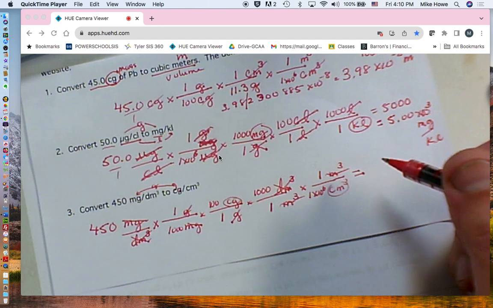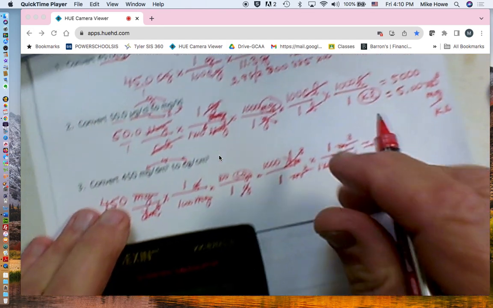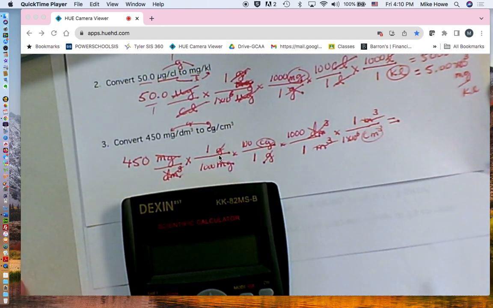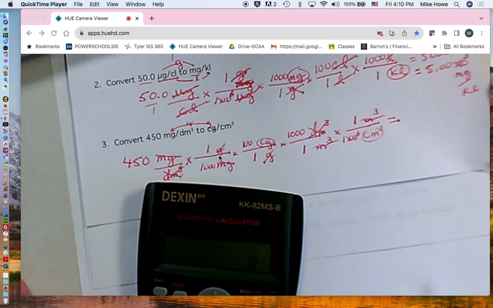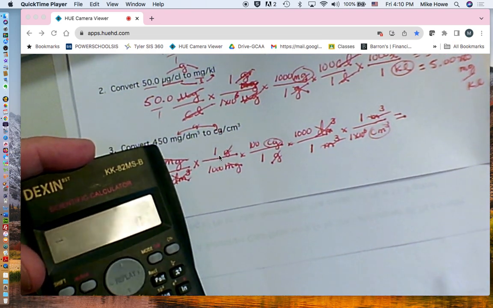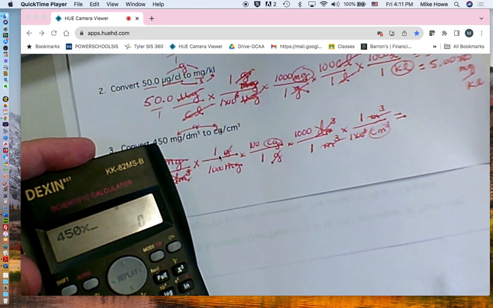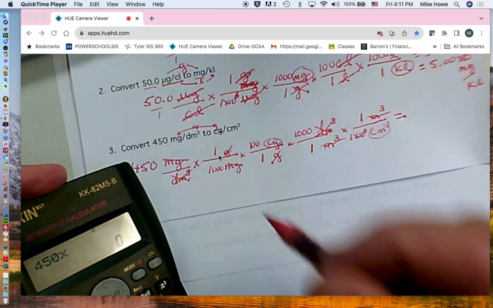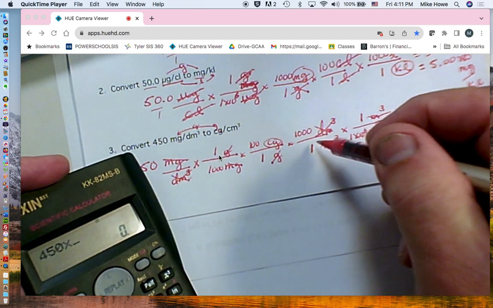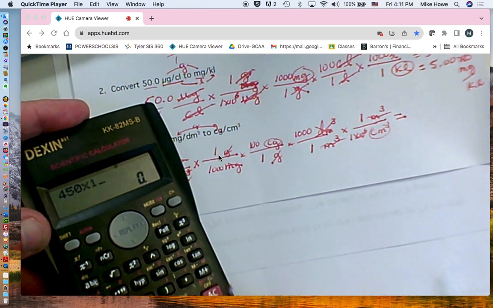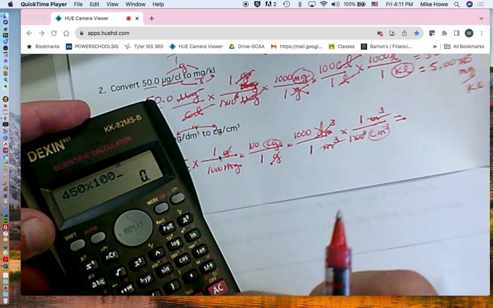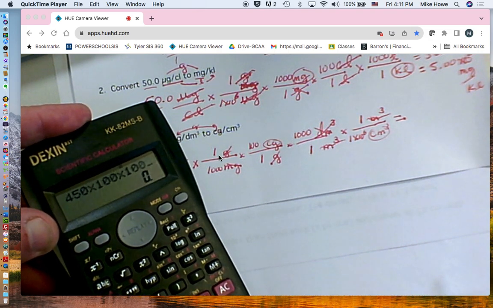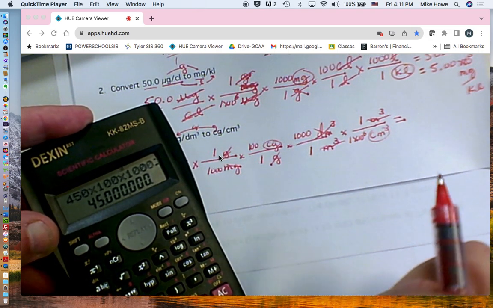So all we have to do is the math. So we have 450 times 1, which I'm going to skip, times 100 times 1,000. That's what the top is.